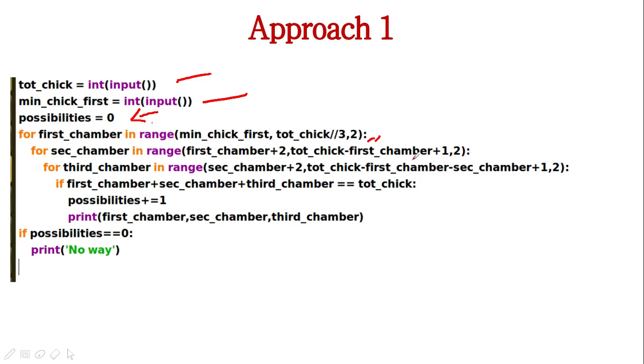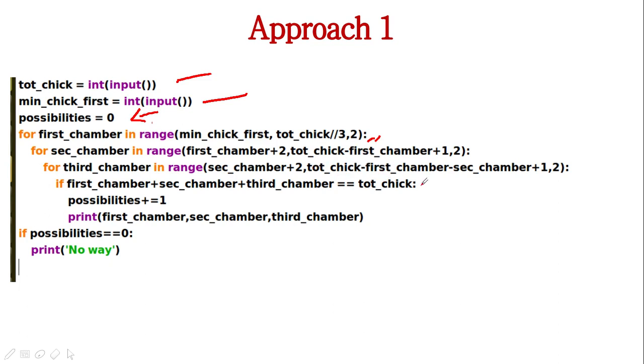So I have added a plus 1, and once again the step of 2 because it should generate only odd numbers. Then the third loop is for the third chamber. The third chamber should have more chickens than the second chamber, and it should be an odd number. So you say second chamber plus 2, and then how many can be the maximum?